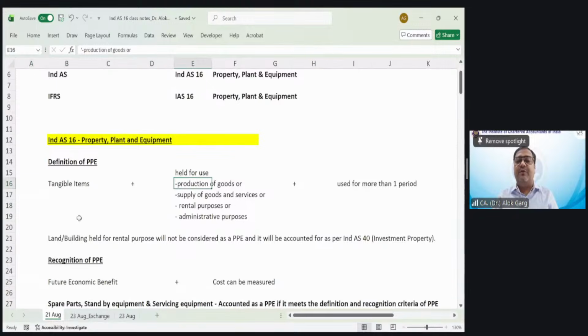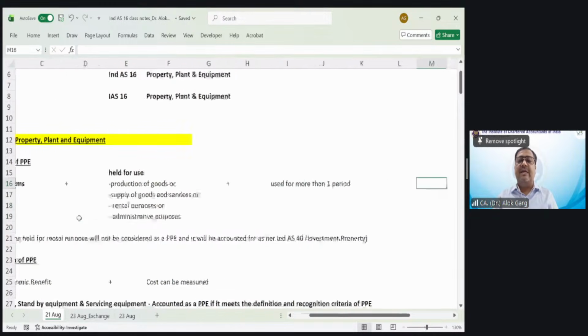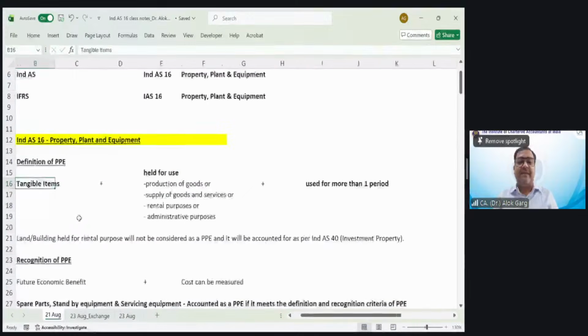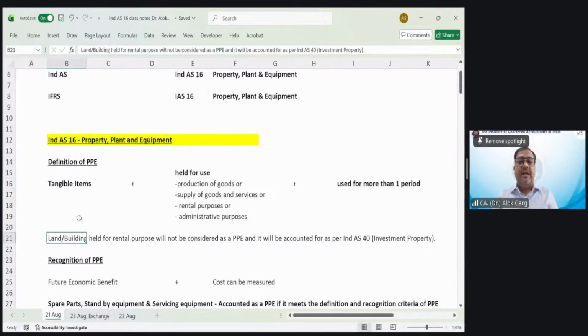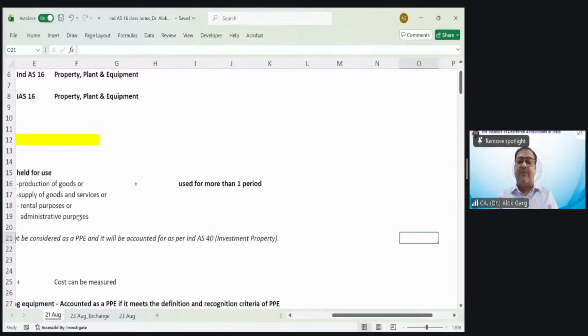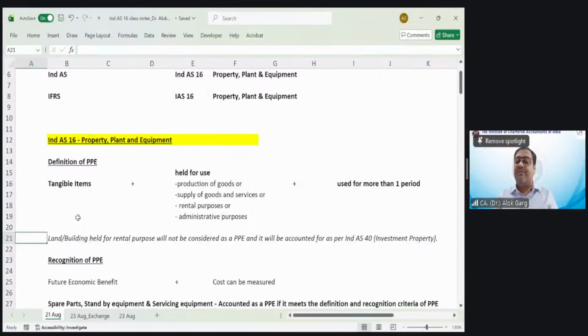Tangible item held for use in production of goods or supply of goods and services, rental purpose or administrative purposes, and used for more than one period, which is typically more than 1 year. And I've also given the exception. Land and building held for rental purposes will not be considered as a PP&E and it will be accounted for as per Ind AS 40 investment property, right? So I have also given you the notes. Let me write the exception.